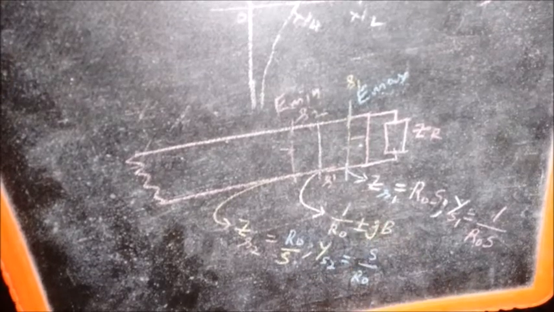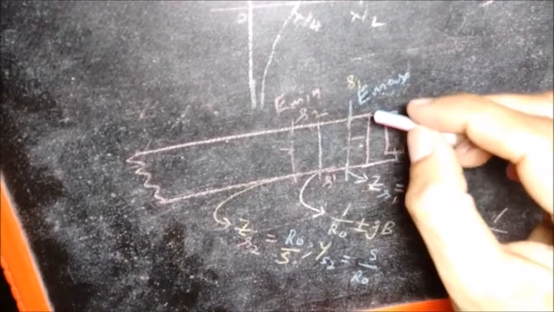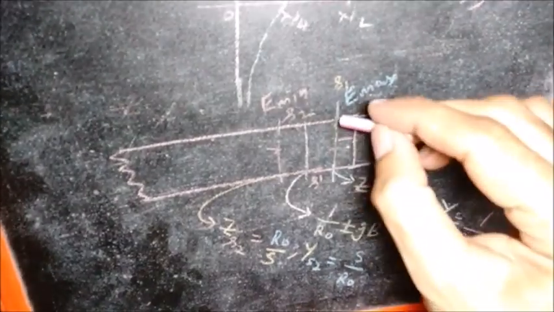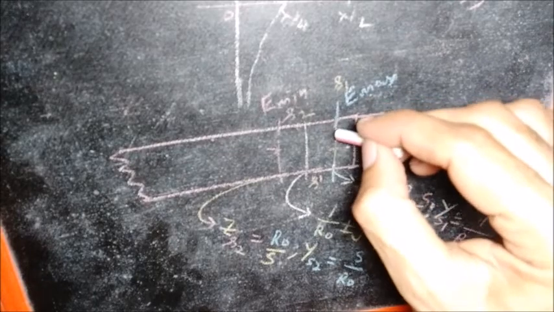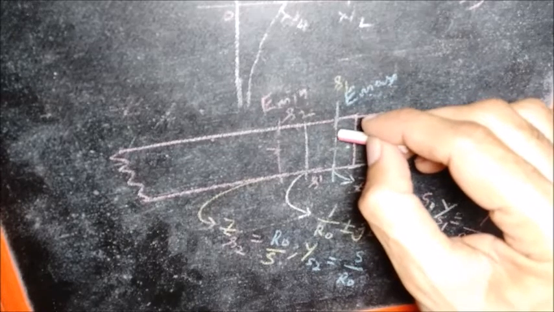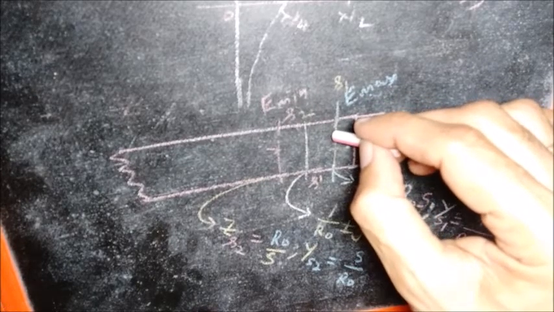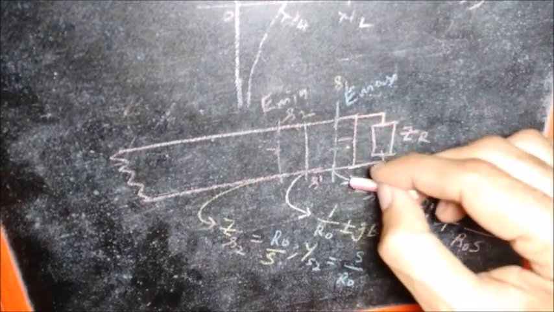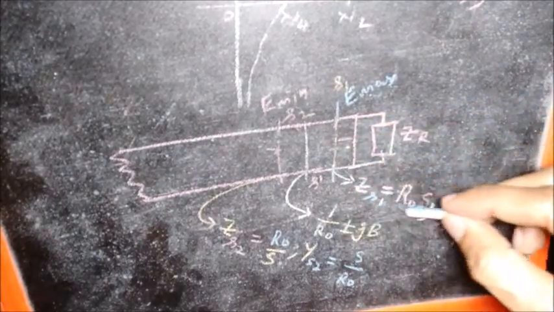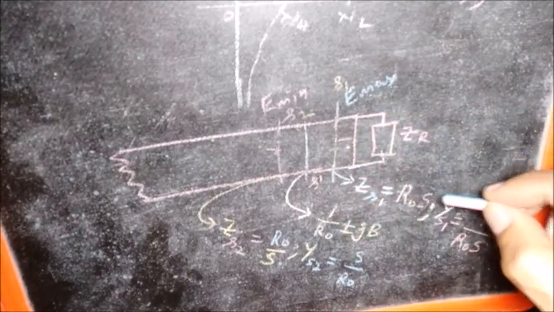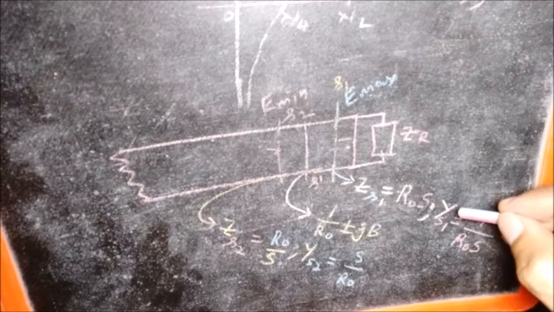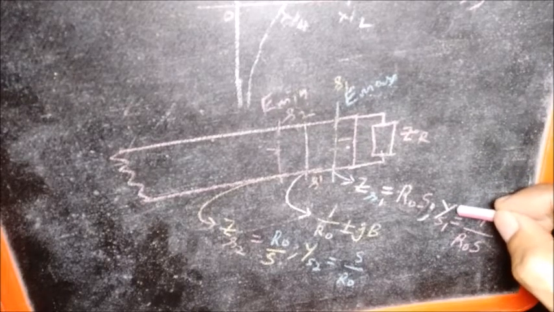So remember that wherever there is an Emax, we have a purely resistive impedance. That means a pure conductance as the admittance here, and that is what we saw here, purely resistive impedance R naught into S, which translates into an admittance which is purely conductive.